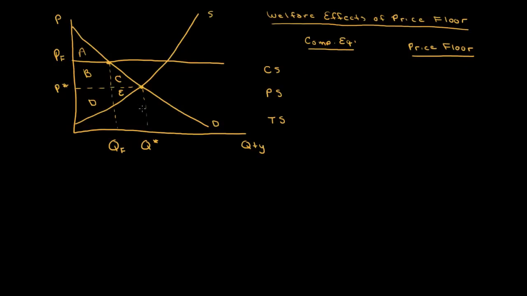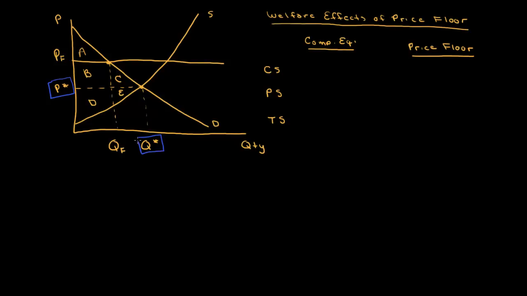Now let's take a closer look at the welfare implications of a price floor. And once again, the best way to analyze what those actual implications are is to start by identifying what the amount of surplus would be under a competitive equilibrium.